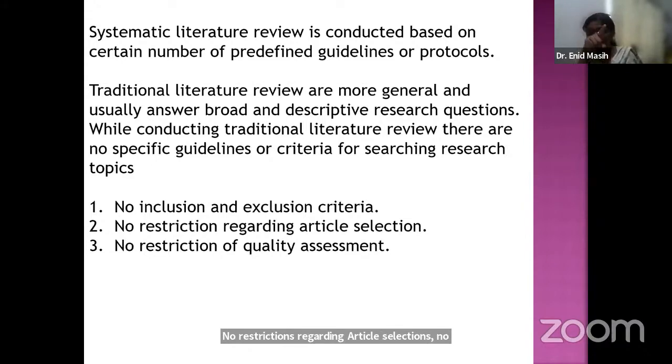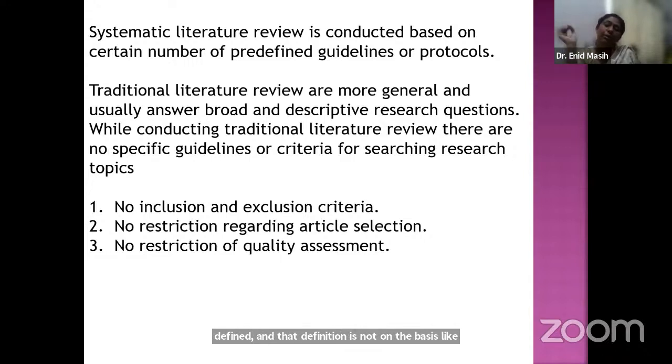But in a systematic literature review, it is very important that the quality of the papers or articles we are selecting must be clearly defined. And that definition is not something we can change now and then.